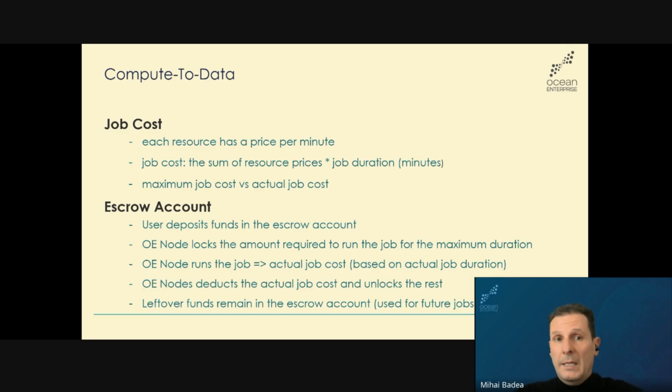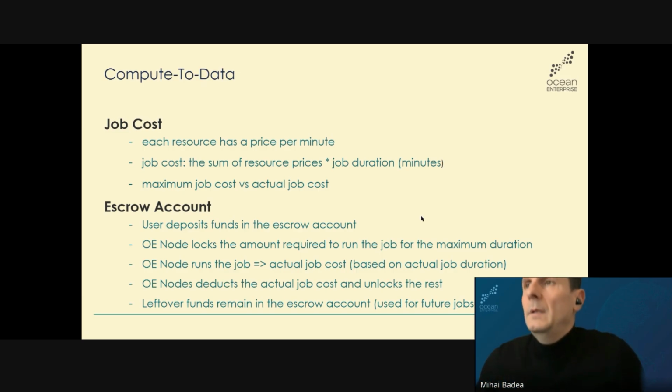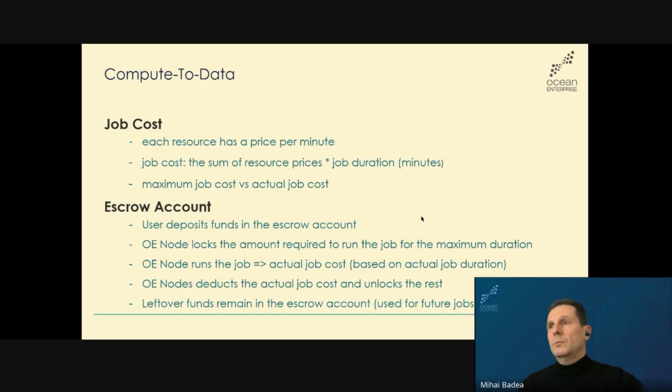If the job ran for only 2 minutes, then the actual job cost is 2 multiplied by 3, which is €6. That's what you need to understand when executing computer data jobs.